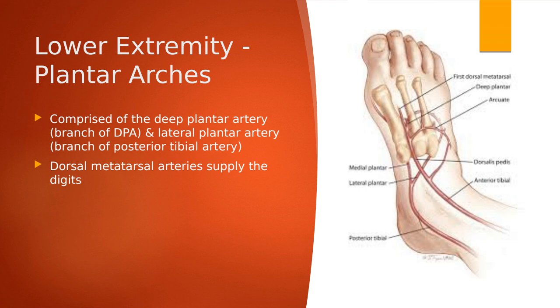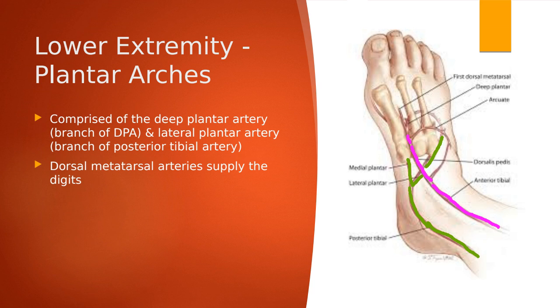So here we have PTA coming down along the medial malleolus, splitting into lateral plantar, which is going to head off to that lateral side, and medial plantar. That lateral plantar is going to loop-de-loop around the foot. Meanwhile, our ATA is traveling down the front part of our foot, and once it reaches where our foot flexes and extends, it's going to become our dorsalis pedis, or DPA.